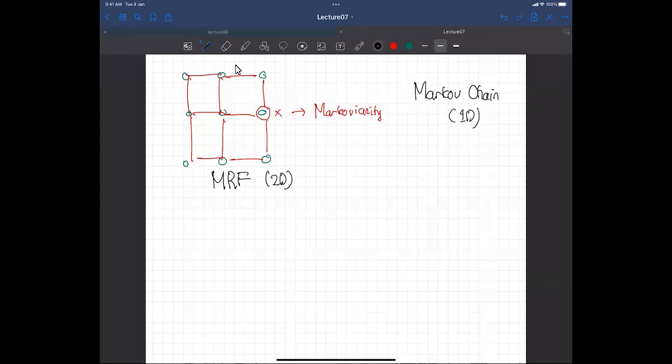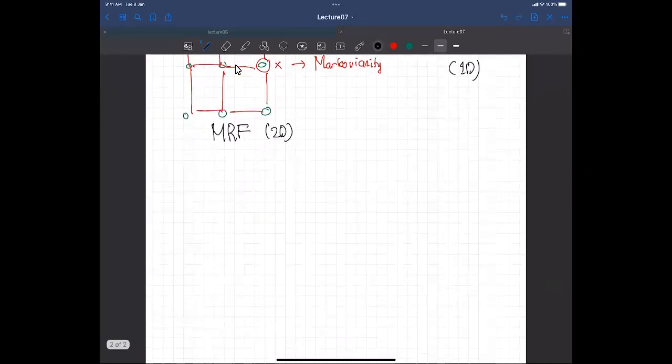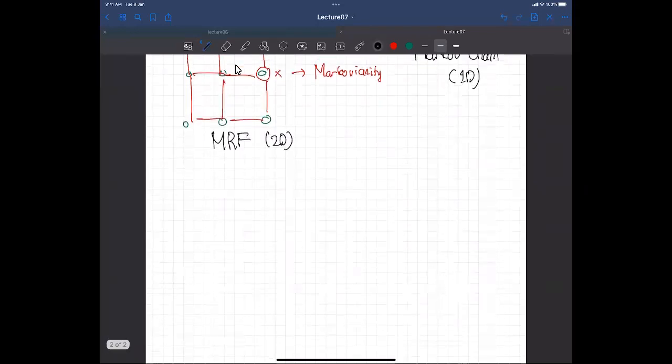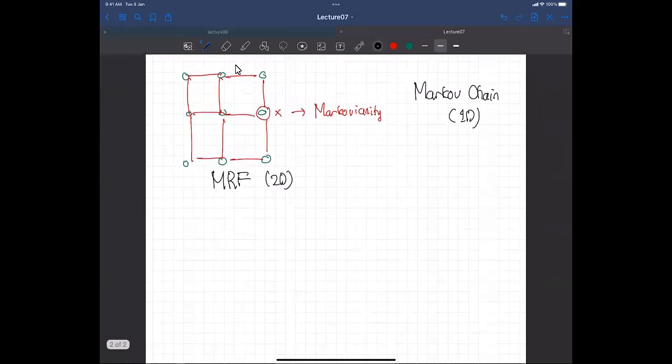So I don't want to explain the details of this because I already explained that to you. In the end of the day, previously, for example, without Markovianity, you connect all of this together here, right? And now you change or convert this into that.